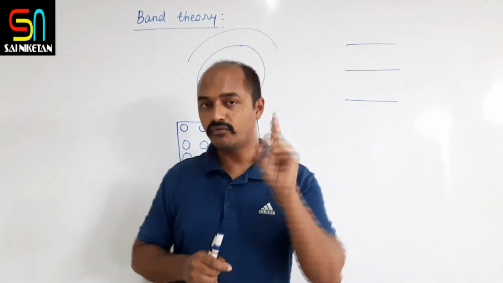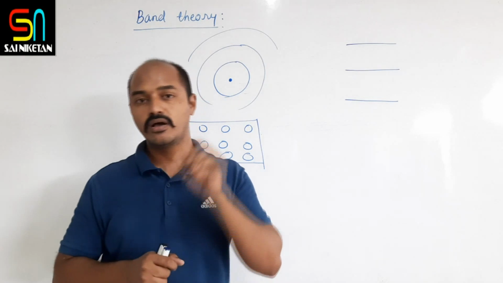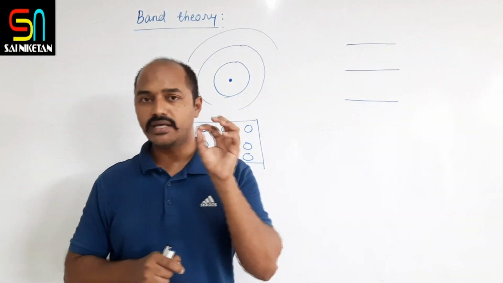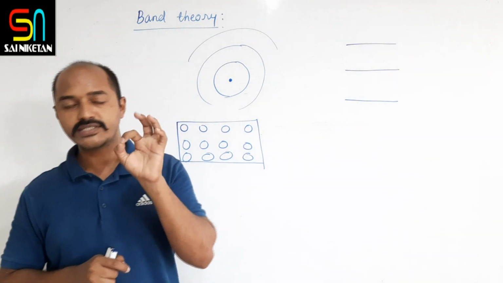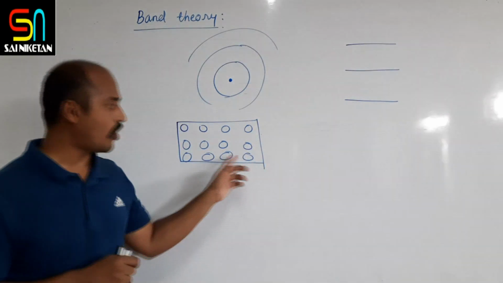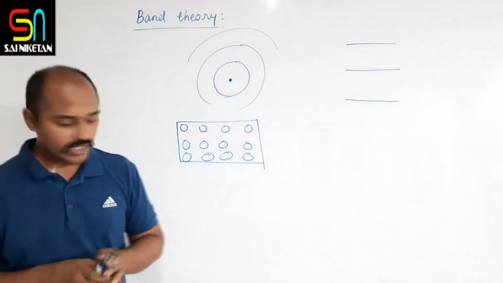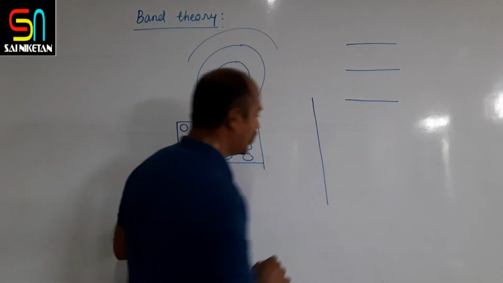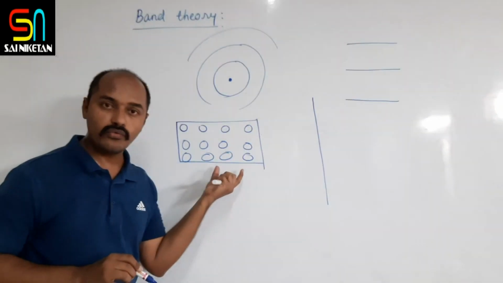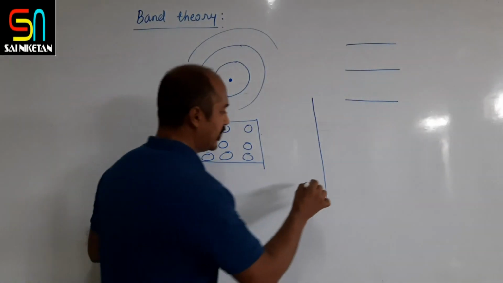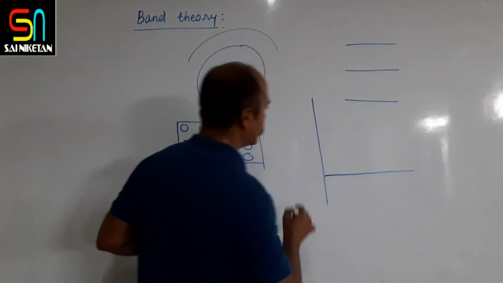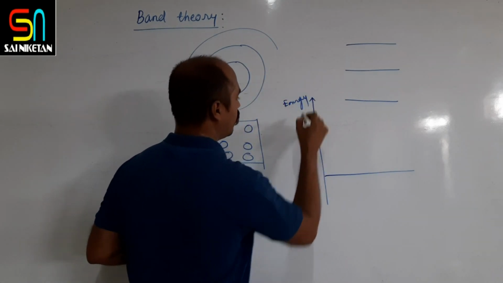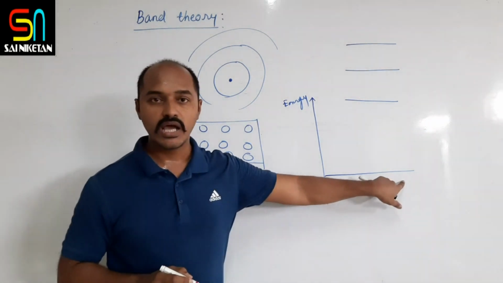And if you take the valence electron, what is it? The electron which is present in the outermost orbit. The energy of that outermost orbit's electron is the same in almost all the atoms. If we draw the energy, or you can say the energy level of all the electrons, one electron has this much energy.